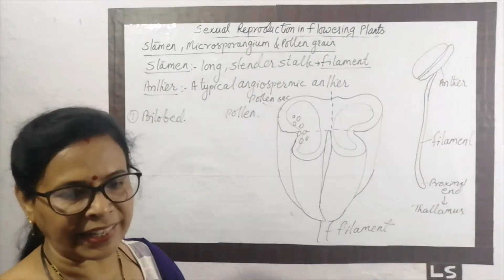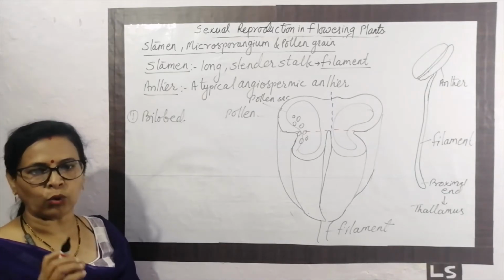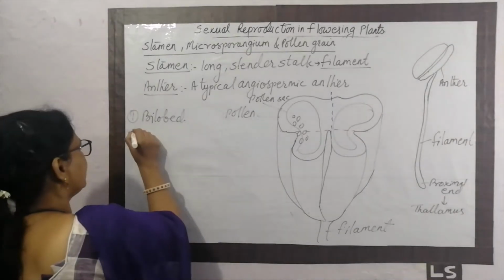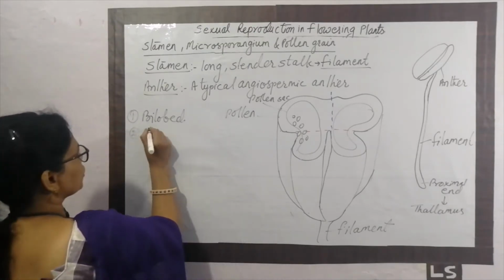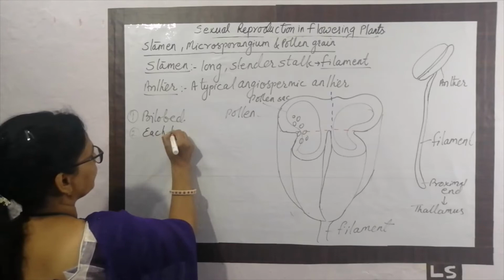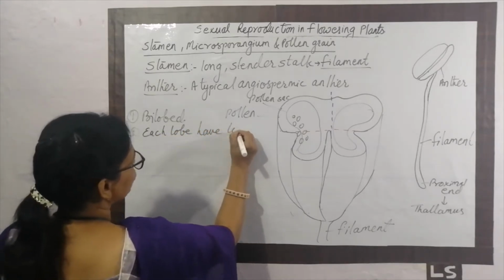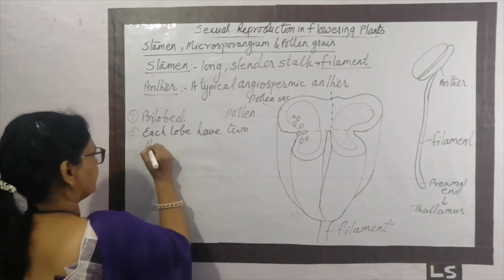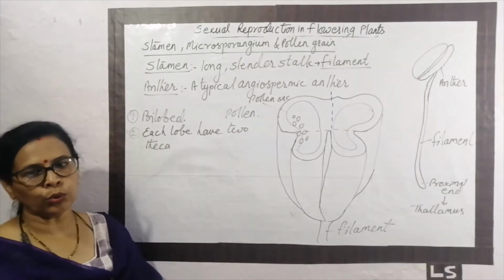So what is the next characteristic of the anther? First, it is bilobed in nature, and second, each lobe has two thecae.